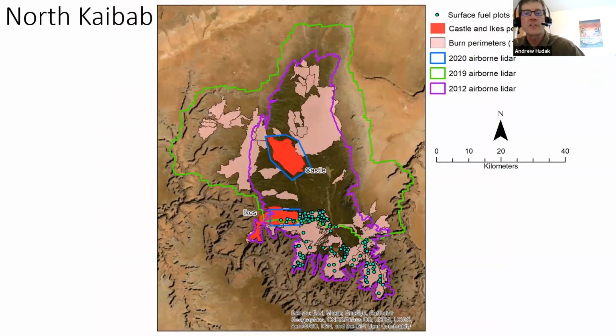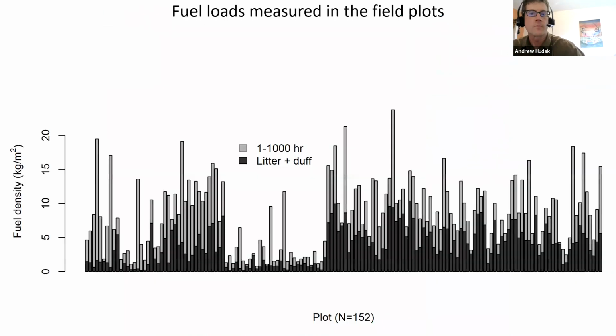Similarly, we want to intersect all these other plots, which are kind of confined to the southern portion of our study area, intersected with the fire history, because time since fire has a big influence on fuels, particularly the surface fuel loads. In fact, just looking at the database already, you can see the variability in surface fuel attributes.